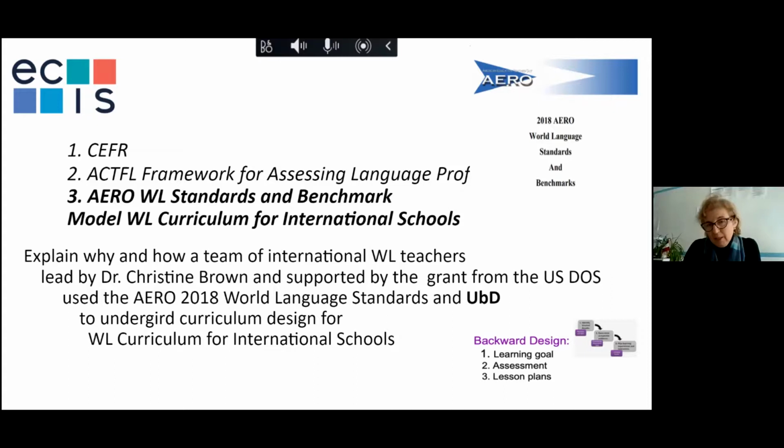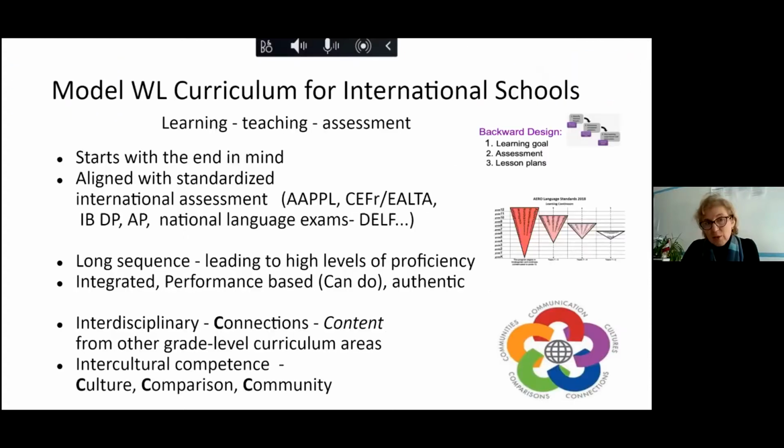So I will, again, talk a little bit about the whole project, in which a team of international teachers led by Dr. Christine Brown and supported by a grant from the United States Department of State used the AERO standards, used, as earlier stated, the backwards design and Understanding by Design to undergird the curriculum design for the international schools.